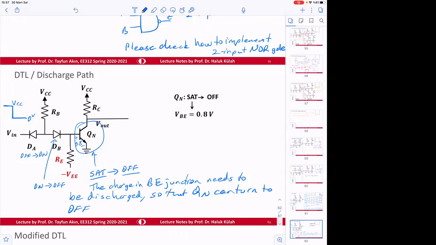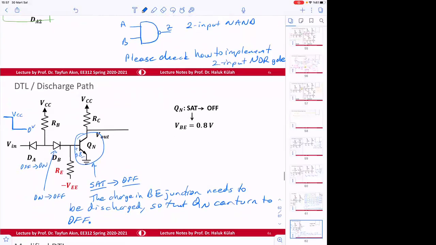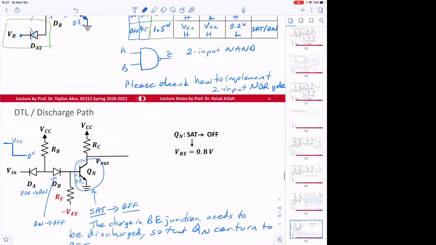In the previous circuits, we don't have a path for this capacitance to be discharged.